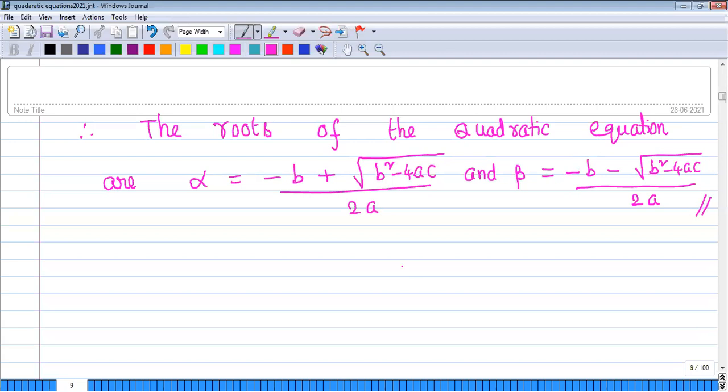So one thing you remember, we can interchange, no problem. We can write this as alpha, we can write this as beta, no problem.